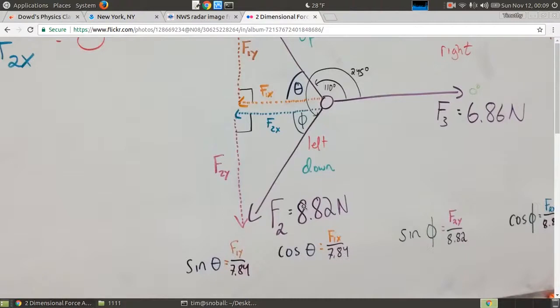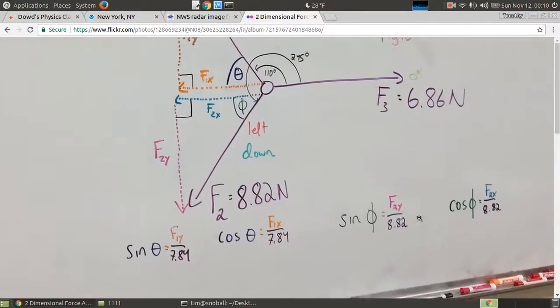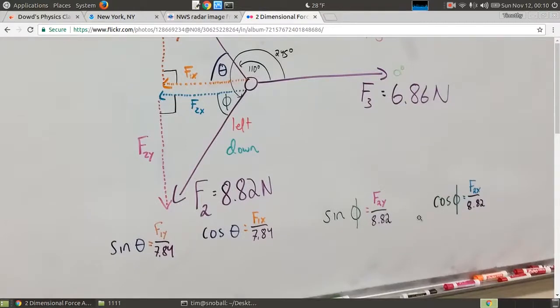So by writing sine and cosine, you actually get two equations, one which has the unknown F1y in it, and one which has the unknown F1x in it. Since sine theta and cosine theta are just numbers, these are really solvable equations. We can get F1y and F1x directly. And similarly with F2y and F2x. All we need is sine theta and cosine theta.